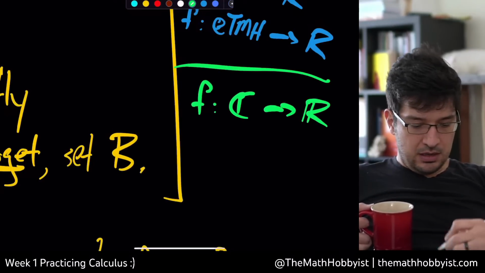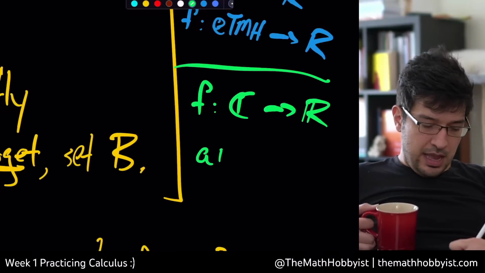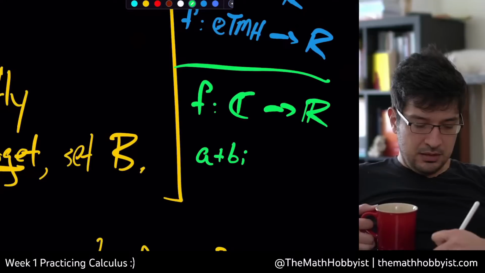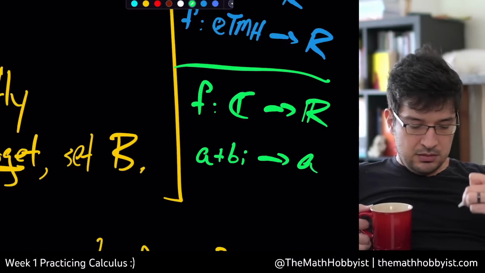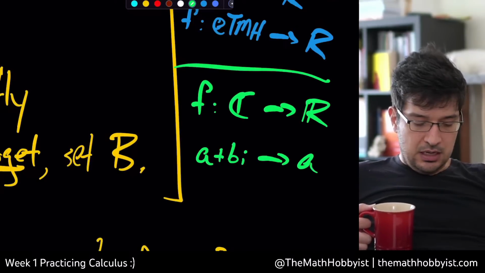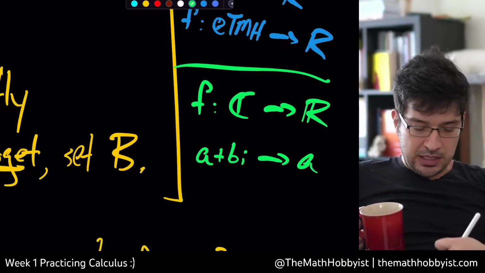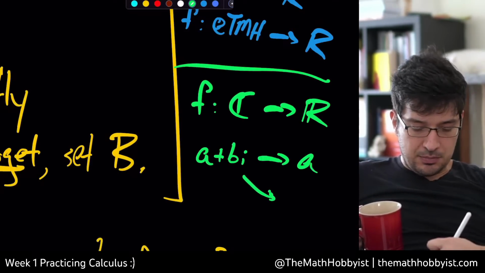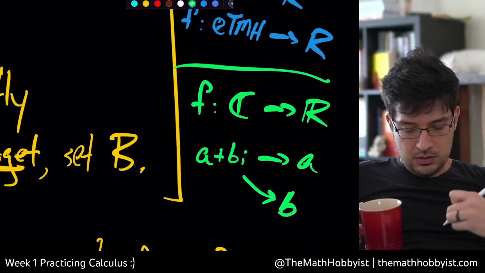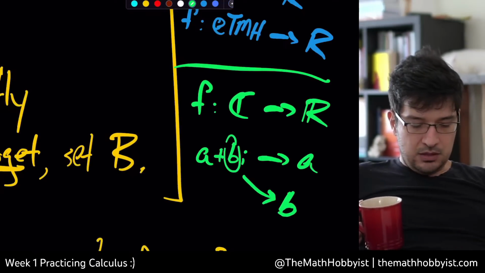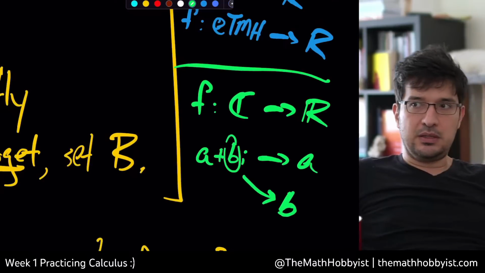Maybe you have a complex number, a plus bi, and you just throw away the imaginary part of that number. Or maybe, a little more interesting, you only take the coefficient of the imaginary part and you project that to the real numbers.